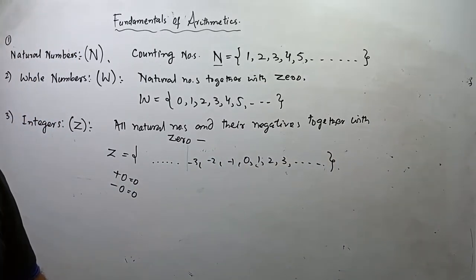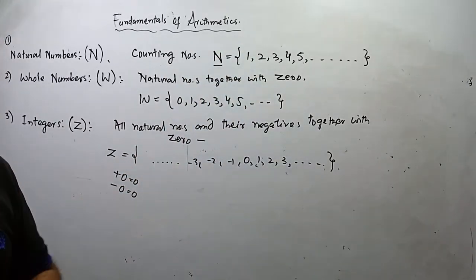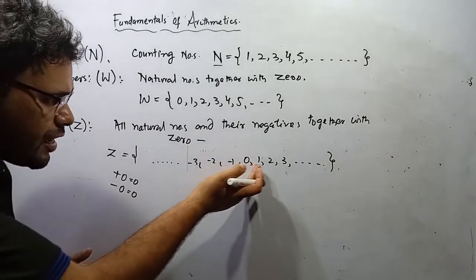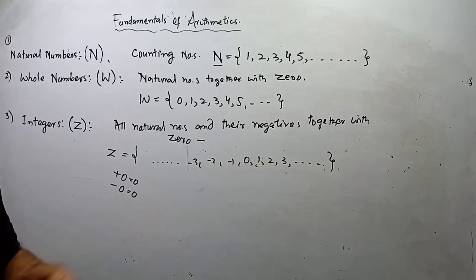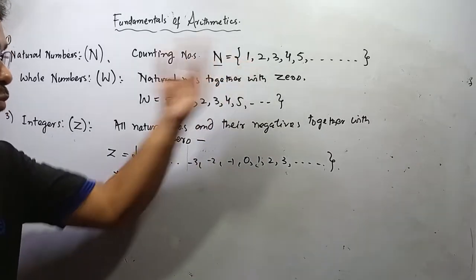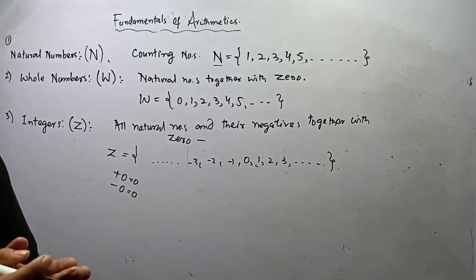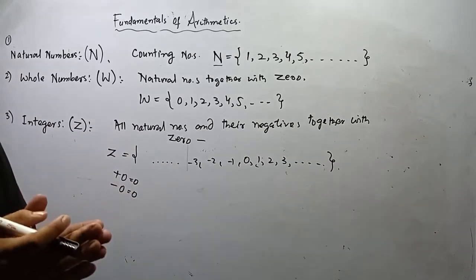5, 6, 7, 8. Now one thing you will see here, between 1 and 2 there are infinite number of numbers. You can see here between 0 and 1 how many numbers will be, we can write many numbers. You can see here 2 and 3, -2 and -3, we can write many numbers like 1.1, 1.2, 1.3. These are all the decimal numbers and they are not used in the counting, so they are not the natural numbers.